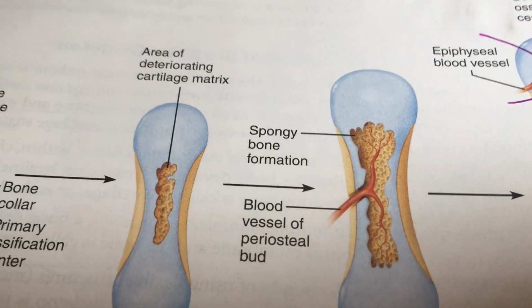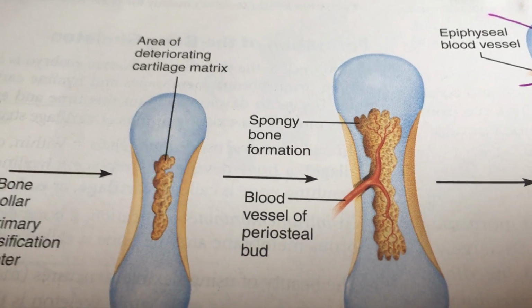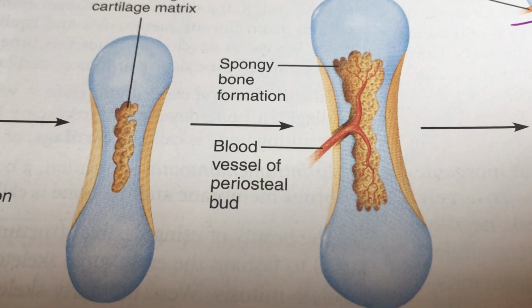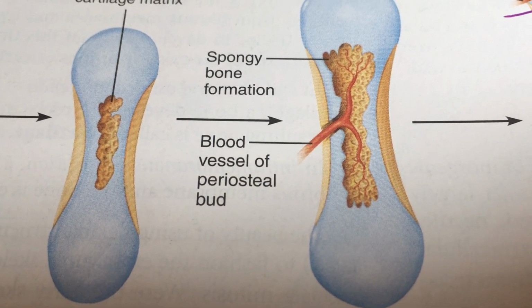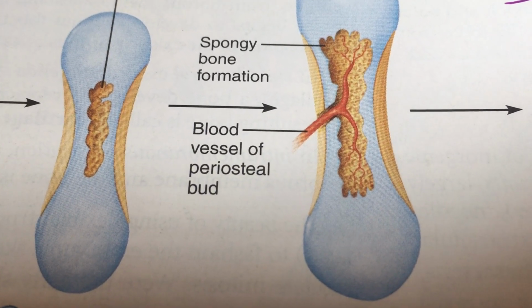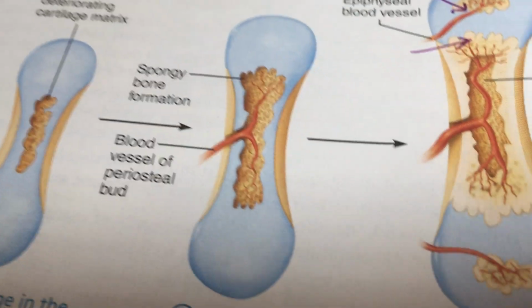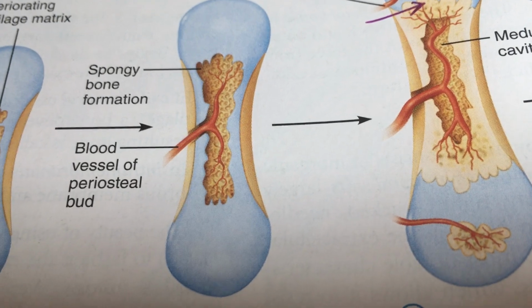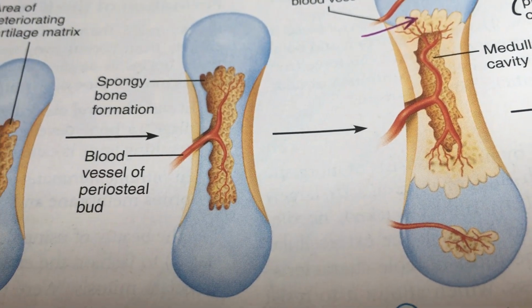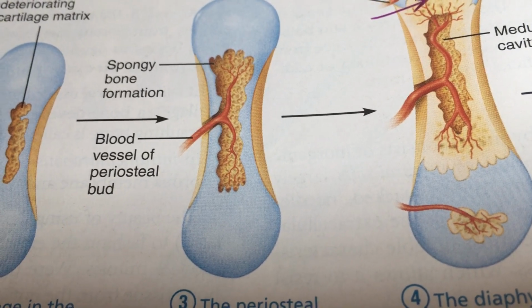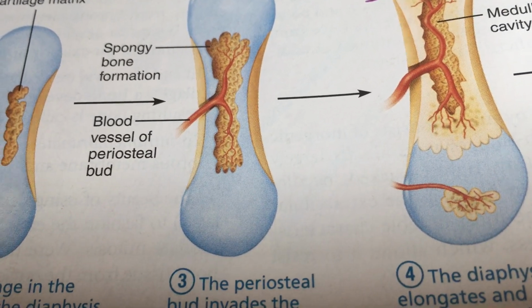You'll notice that we're forming an opening area in the middle, and we're going to then observe the presence of an artery. Basically, this is a nutrient vessel that's penetrating in and supplying blood to the interior of the developing bone.